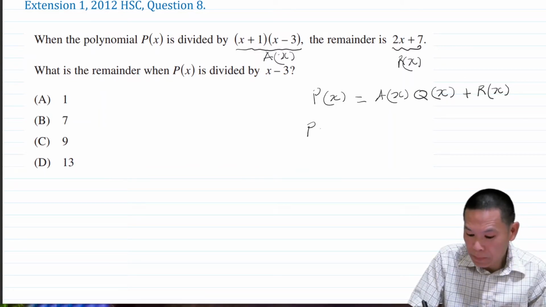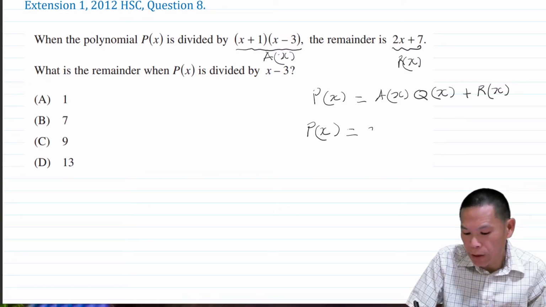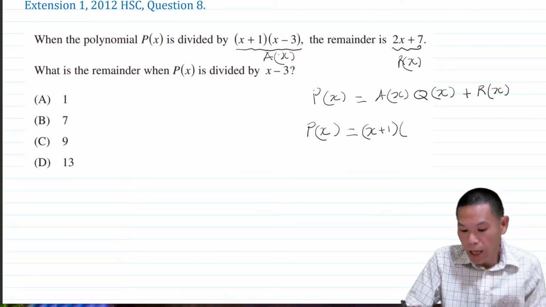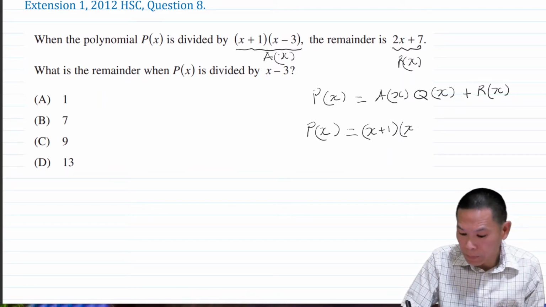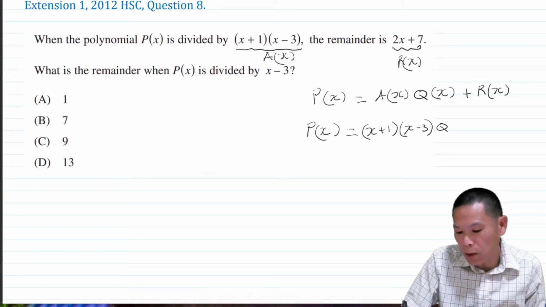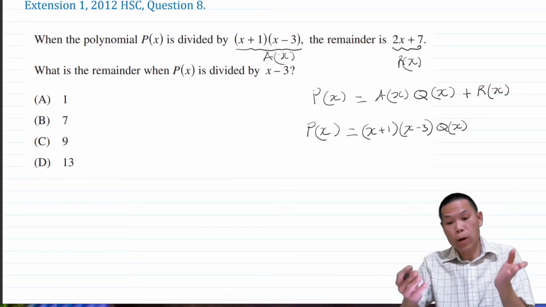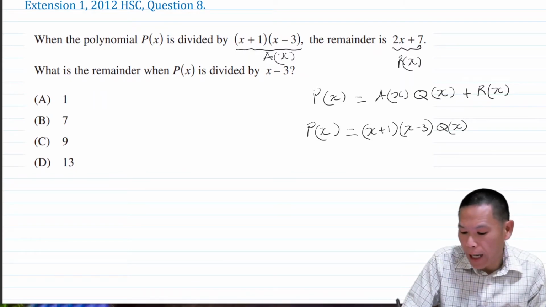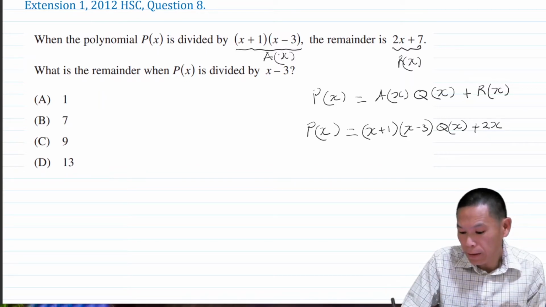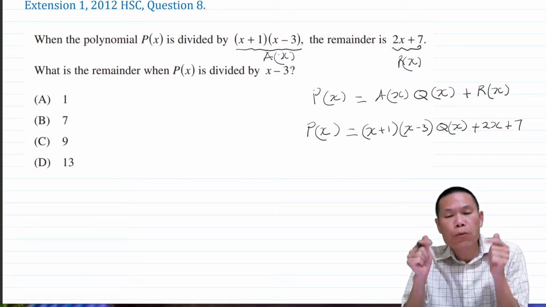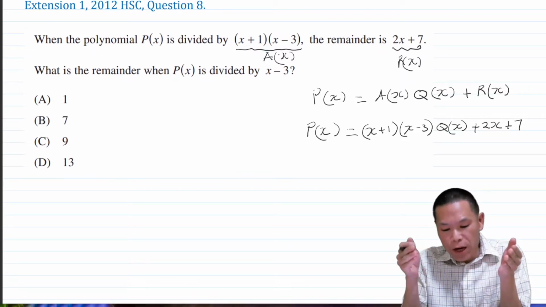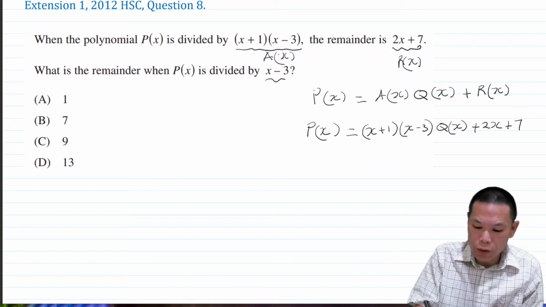So P of x is equal to A of x, which is x plus 1 and x minus 3, times Q of x, and we're not sure what it is, and we add R of x, the remainder, that is 2x plus 7. Now we need to find the remainder when P of x is divided by x minus 3.